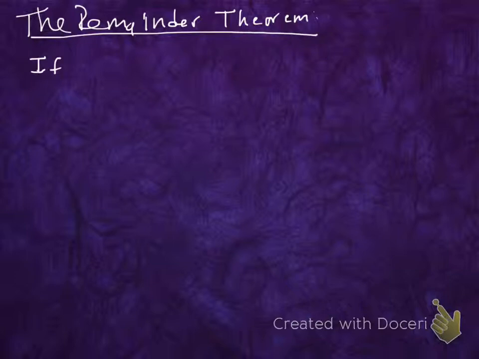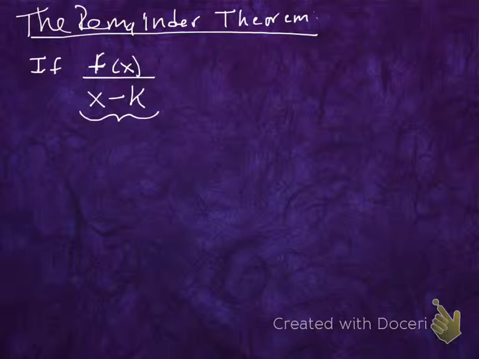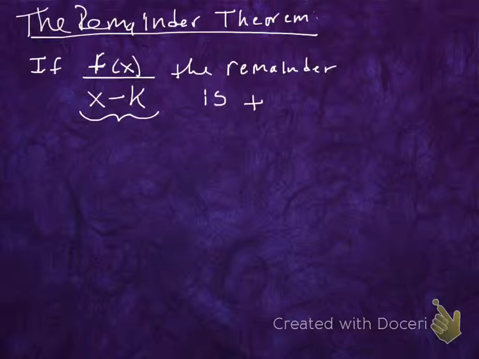If you are dividing a polynomial, let's call it f of x, by a binomial, and it's key that it's of the form x minus k, so a linear binomial of this form, then the remainder is just f of k.